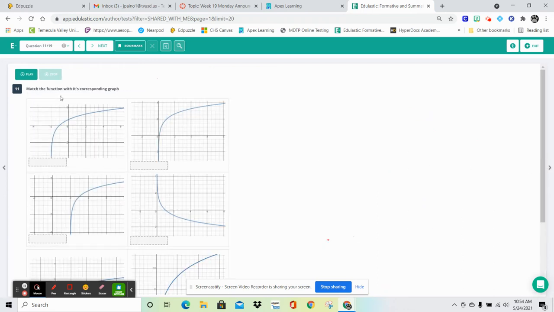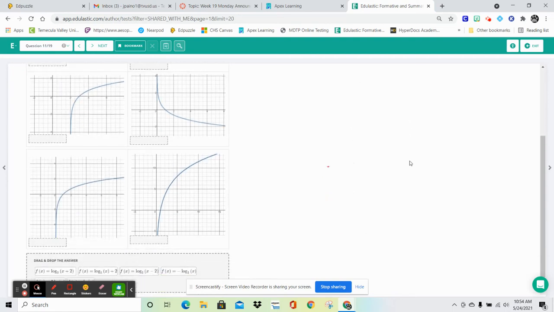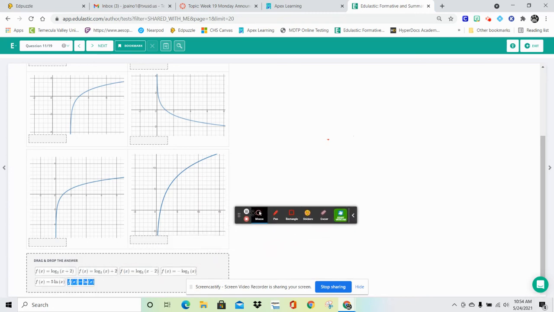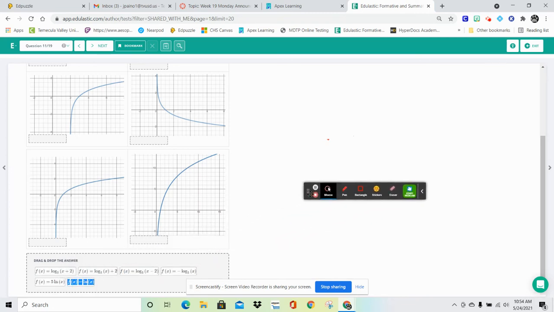All right, now we want to match the function with its corresponding graph. Our choices are down here. When you're graphing log functions, log functions have a vertical asymptote. So where's the vertical asymptote?